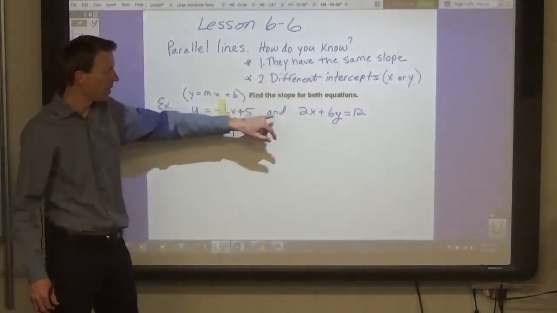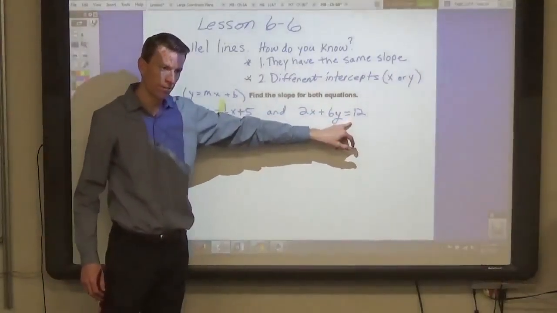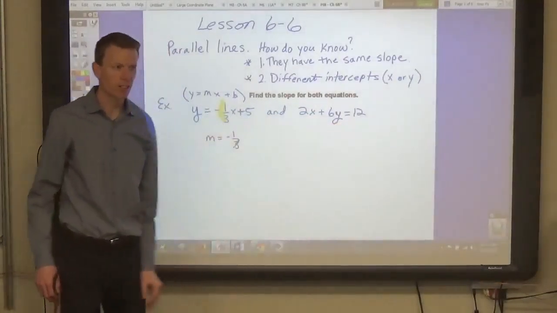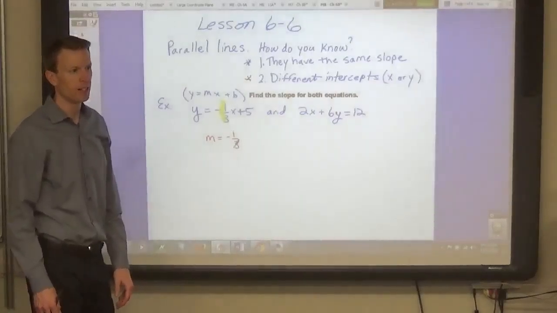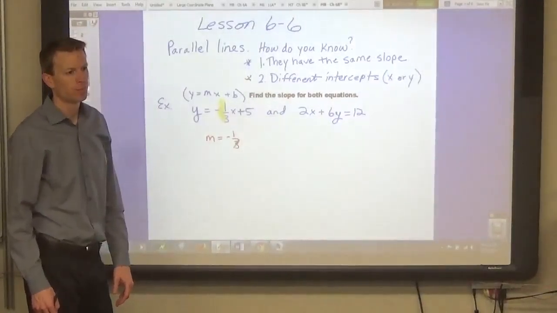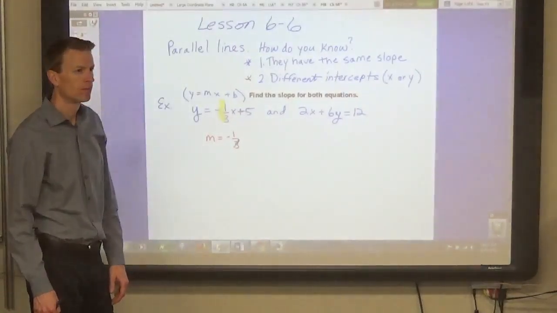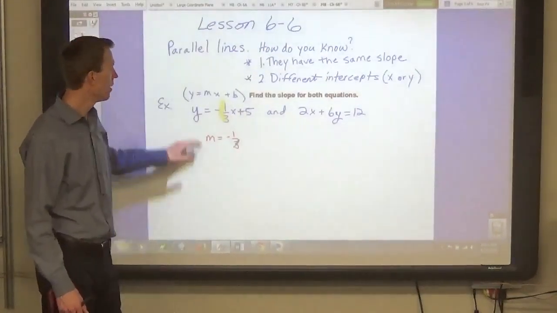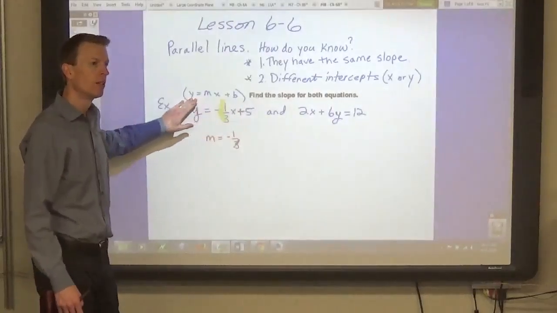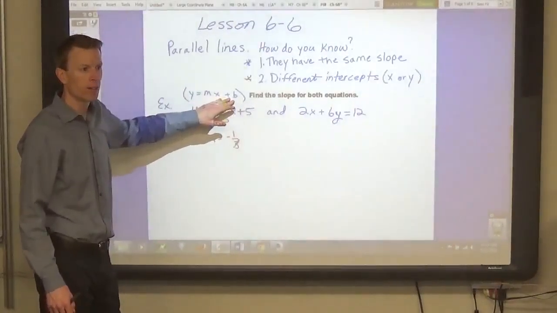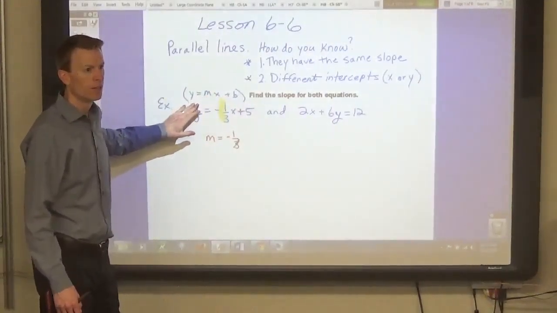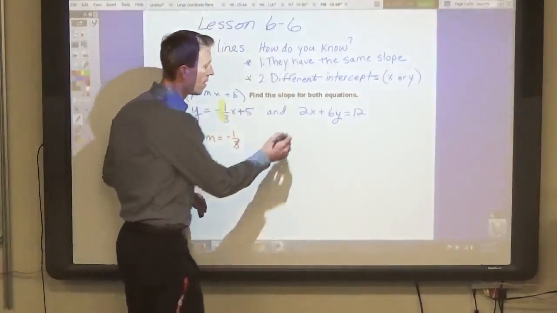Okay? Now, we'd have to find the slope of this equation. So how do we find the slope? Christina? You'd have to put it into this form. So we'd have to solve it for y. Yep. We have to get the y by itself.